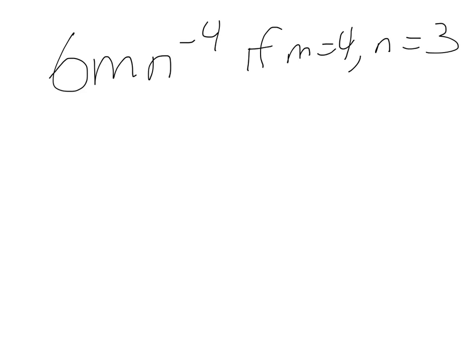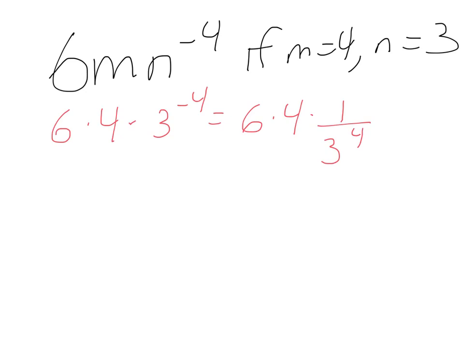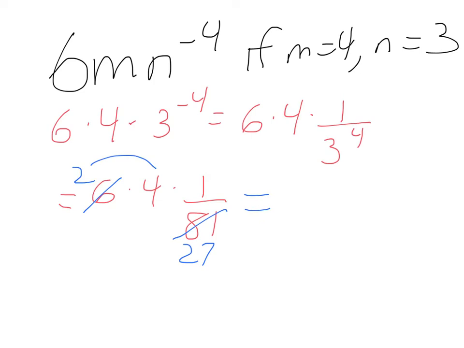If you did this one correctly, you would have done 6 times 4 times 3 to the negative 4th, which is 6 times 4 times 1 over 3 to the 4th. 3 to the 4th is 81, so this is 6 times 4 times 1 over 81. But with 6, I can divide out a 3 from each of those, so 2 and 27. So I get 8/27ths.